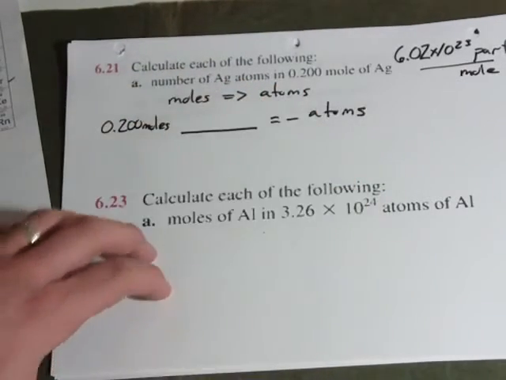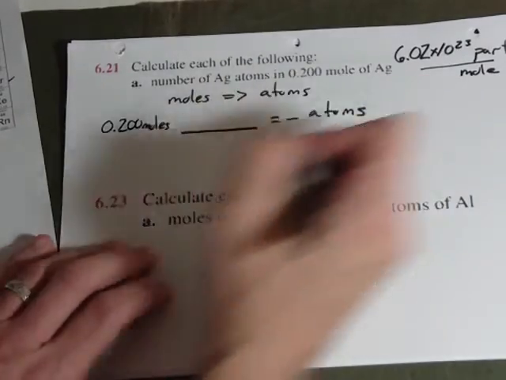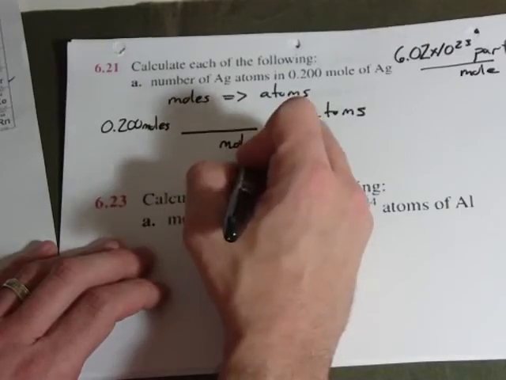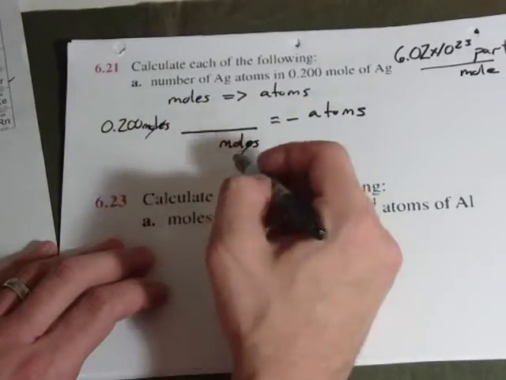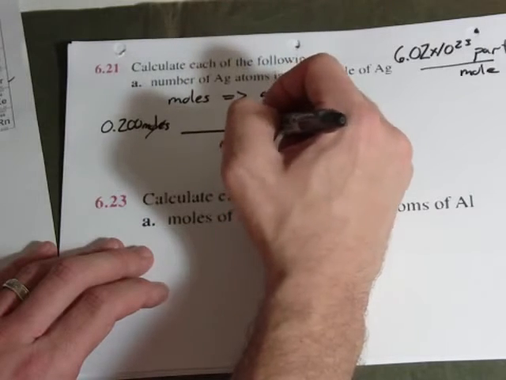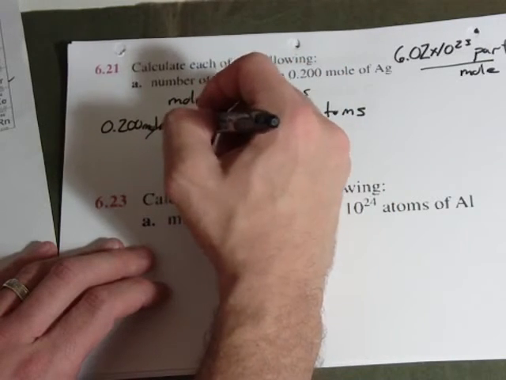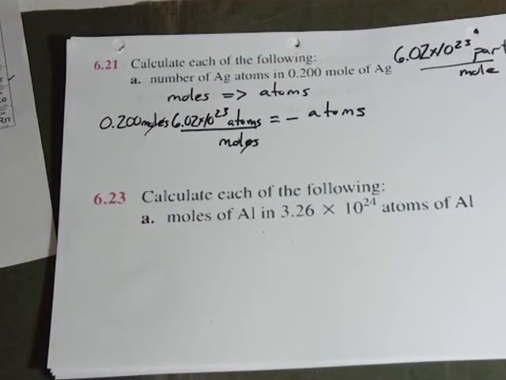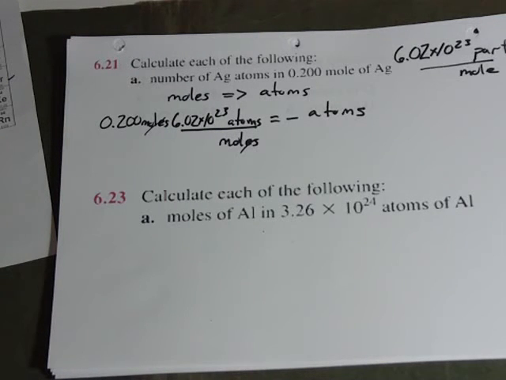So in this equation, we want our moles to cancel out. And so moles has to be on the bottom here, so they can cancel out. And what is left is the atoms on top. And that's going to be our 6.02 times 10 to the 23rd, our Avogadro's number. So all we're doing is taking the 0.2 moles and multiplying it by Avogadro's number.